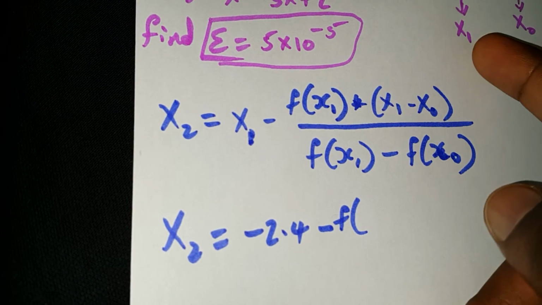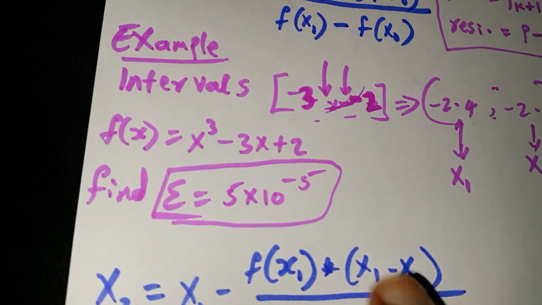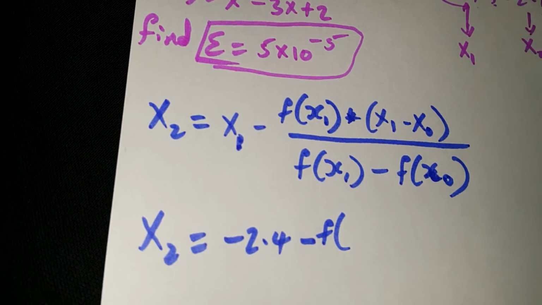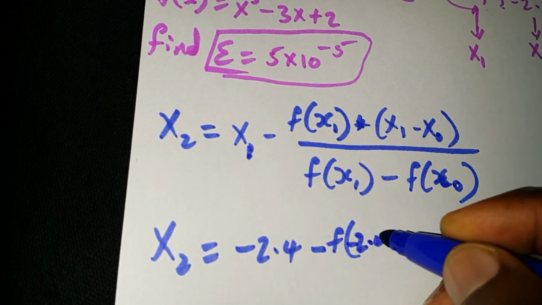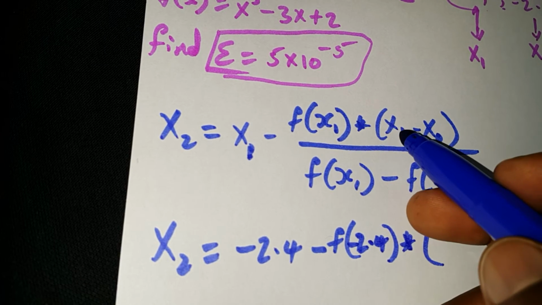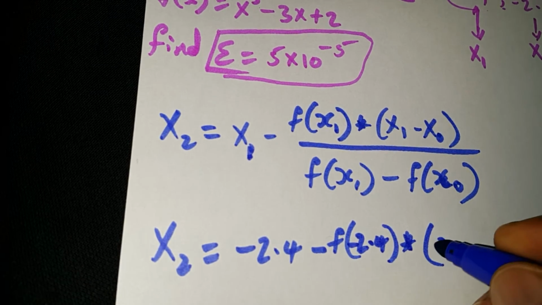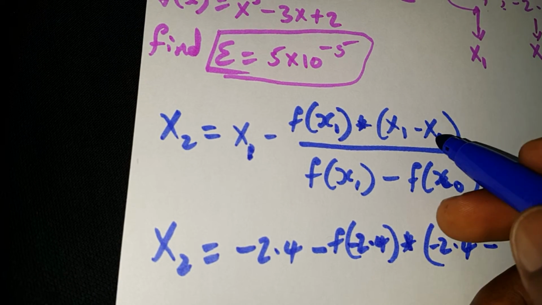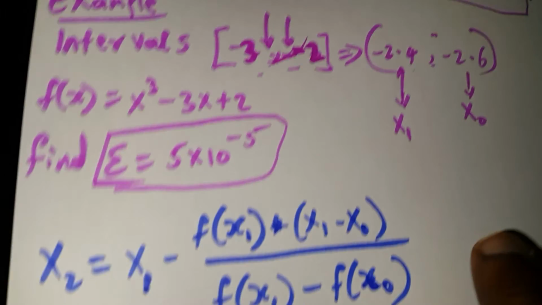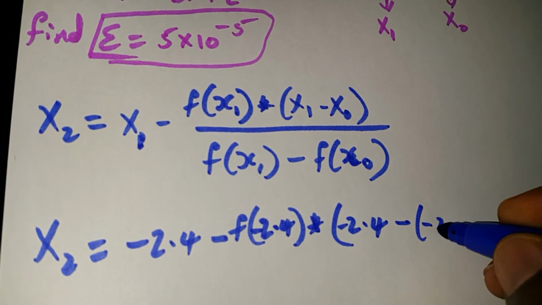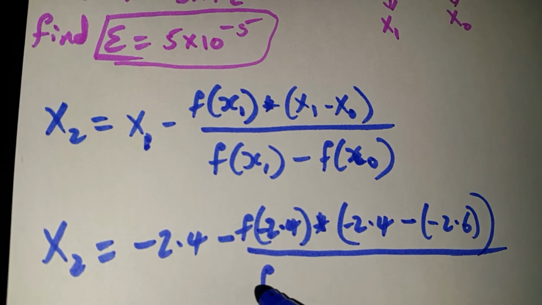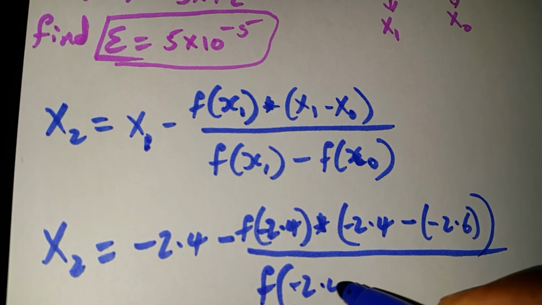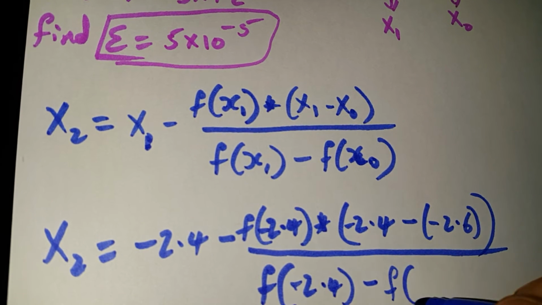We know our x1 is minus 2.4, then put it in f of minus 2.4. You multiply it with x1 minus x0, which is minus 2.4 minus minus 2.6, all over f of x1, which is minus 2.4, minus f of x0, which is minus 2.6.